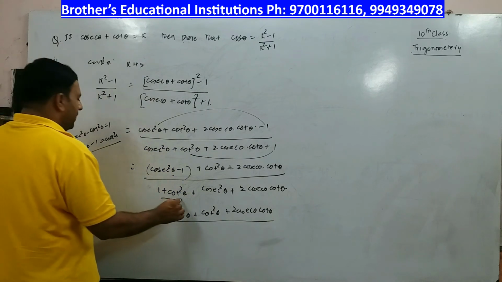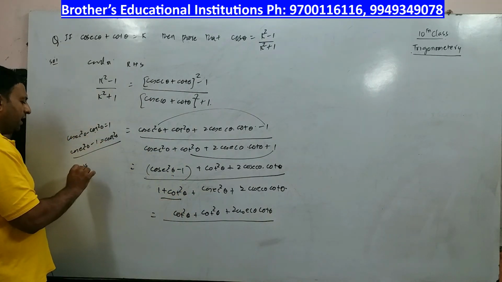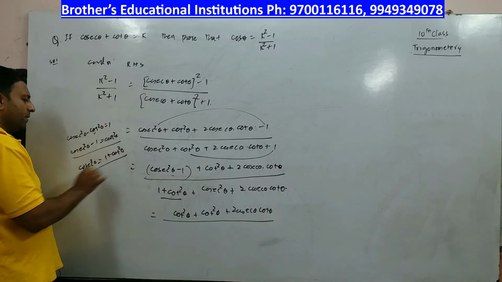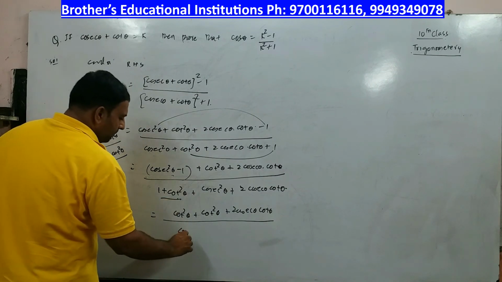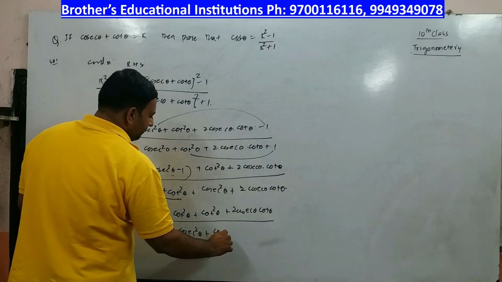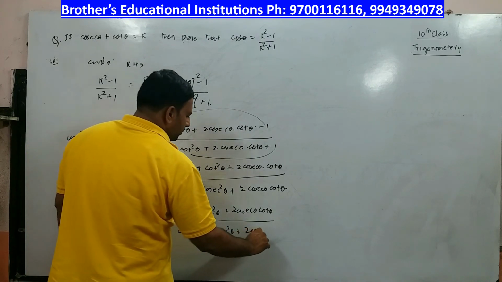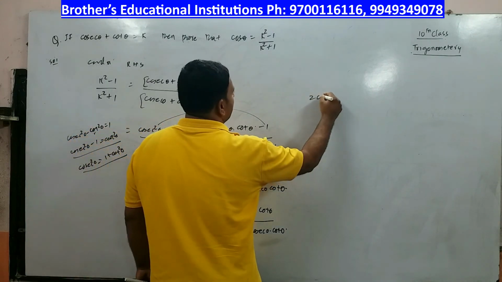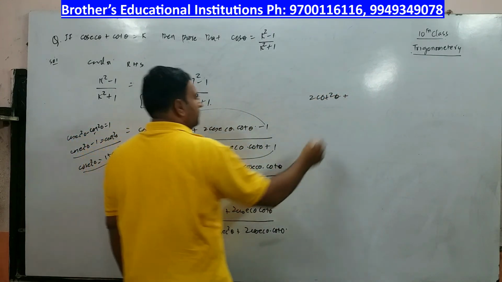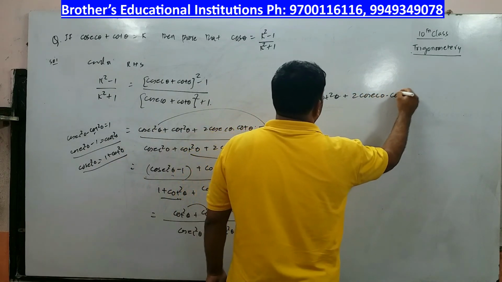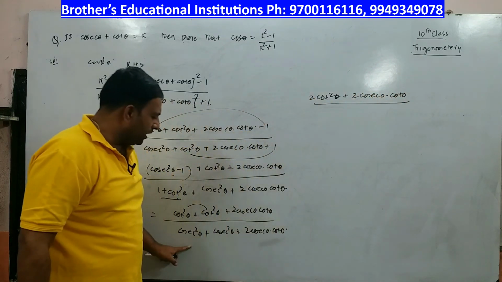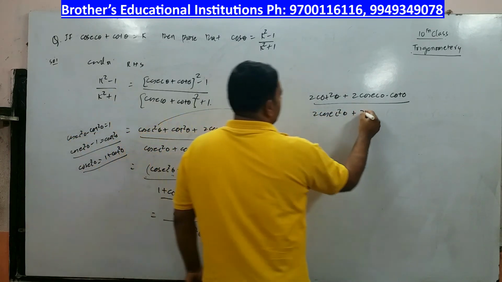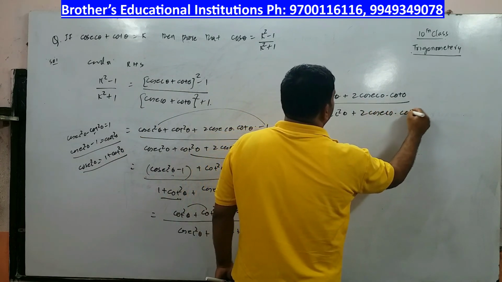Similarly, 1 plus cot square theta can be written as cosecant square theta, plus cosecant square theta plus 2 cosecant theta into cot theta. What is cot square theta plus cot square theta? 2 cot square theta plus 2 cosecant theta into cot theta, by cosecant square theta plus cosecant square theta is 2 cosecant square theta plus 2 cosecant theta into cot theta.